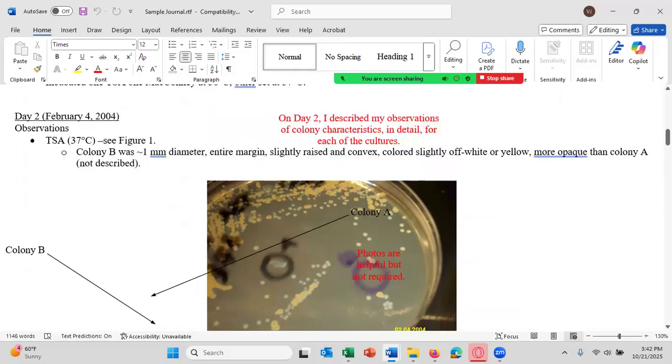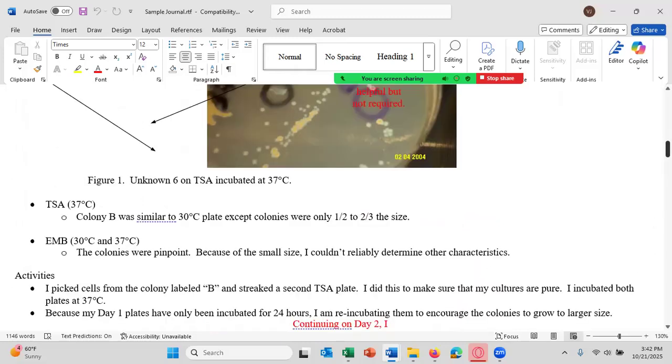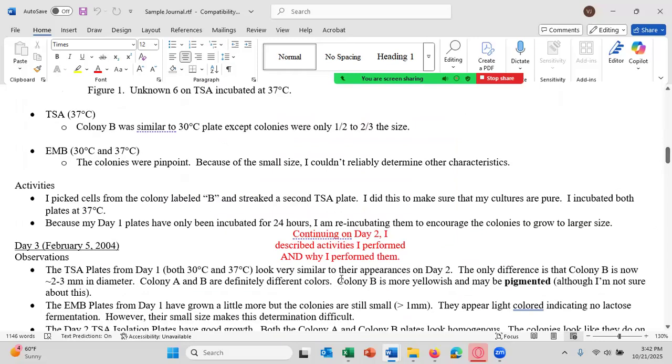And then you should have the activities he did on February 4th, where he streaked out colony B on a second TSA plate. I did this to streak it out 2 times to get a pure culture.